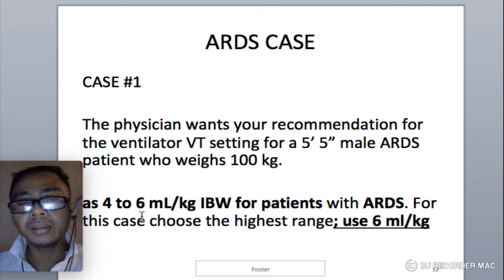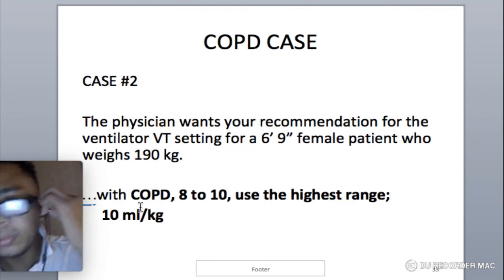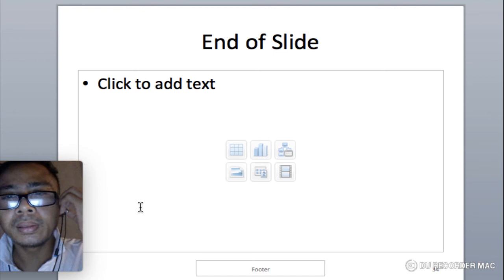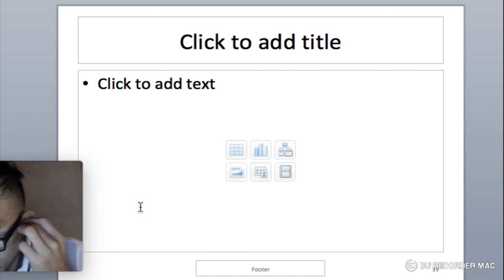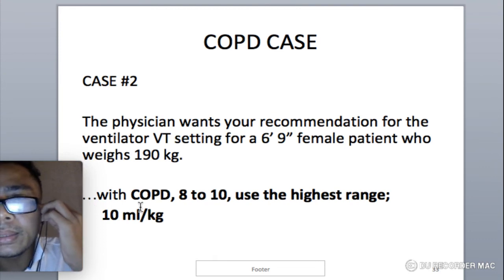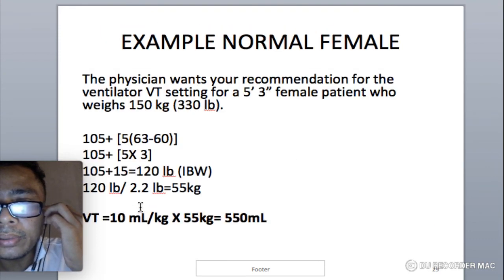So once you derive the IBW, you need to multiply it. Ayan, nakita nyo ang answer. It will be multiply. The VT is 10 ml for this case.